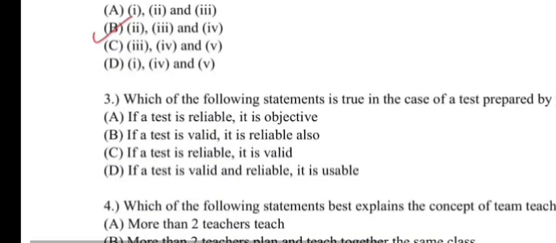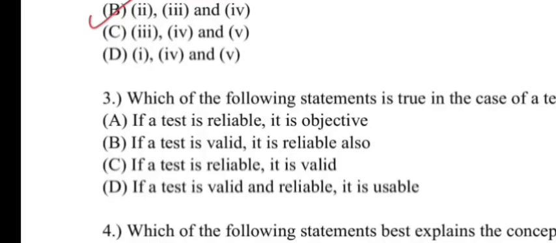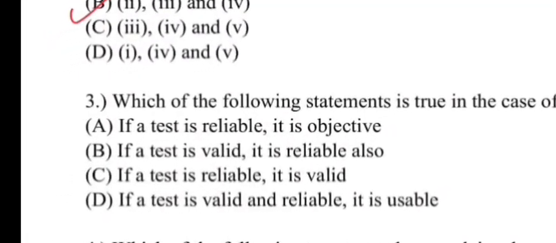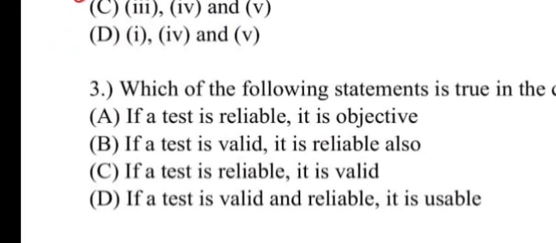Moving on to number 3, it says which of the following statements is true in the case of a test prepared by you as a teacher. It is related to teaching aptitude, and please stick to the syllabus. If you digress or deviate from the syllabus, then it will be problematic for you. So do not digress.